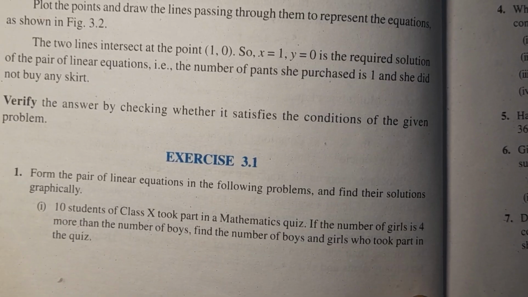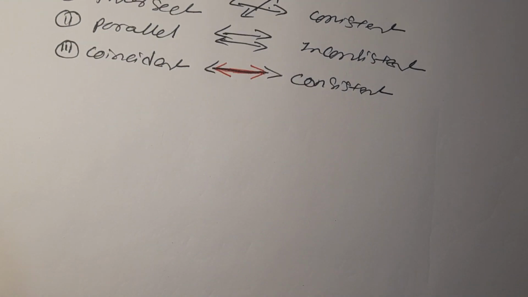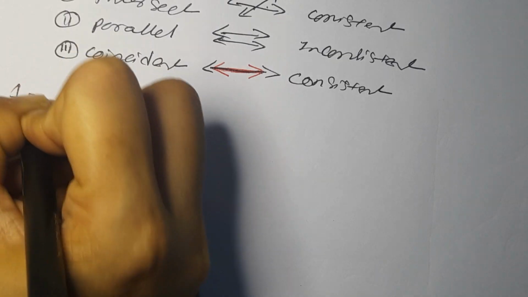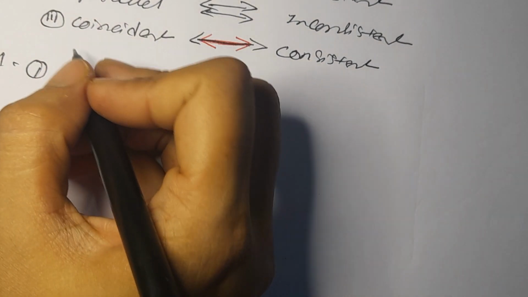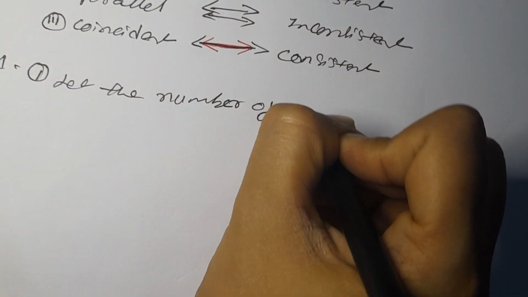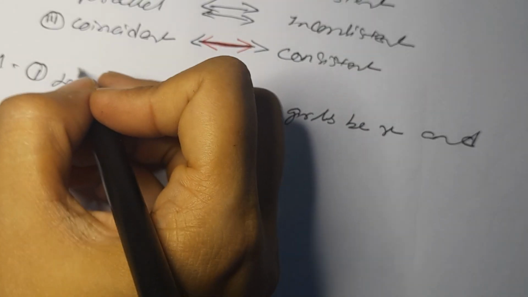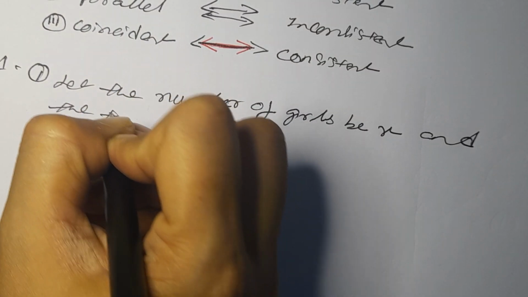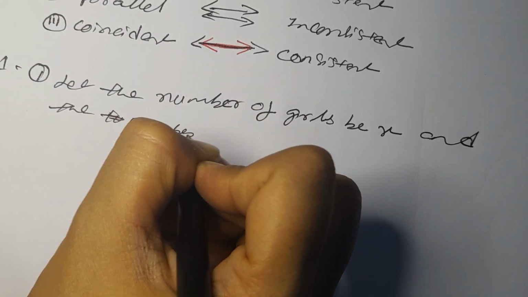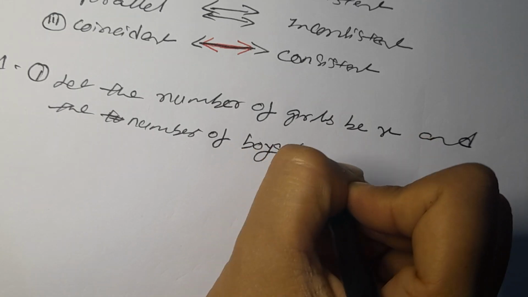First you have to represent the number as x. Question number 1, Roman number 1. Let the number of girls be x and the number of boys be y.